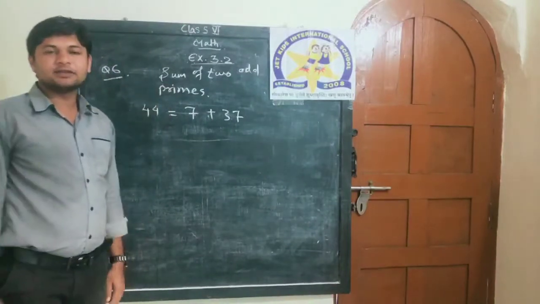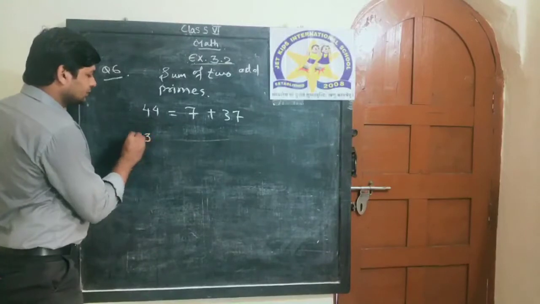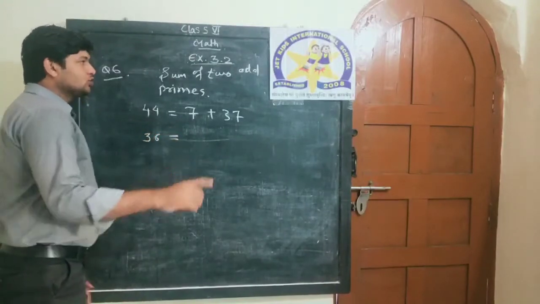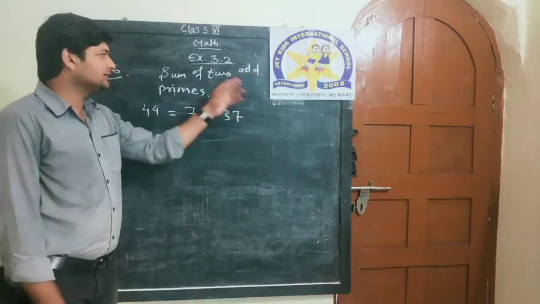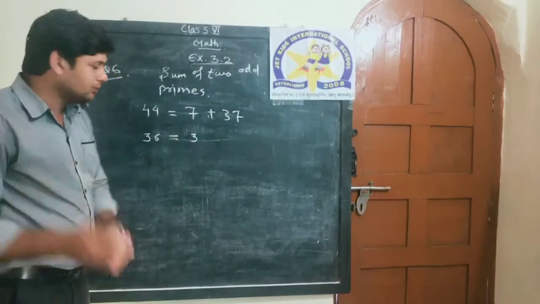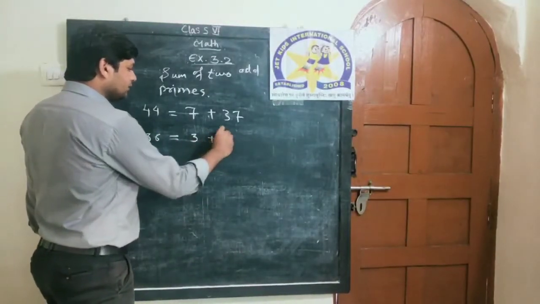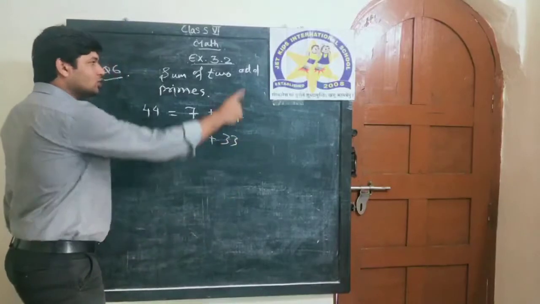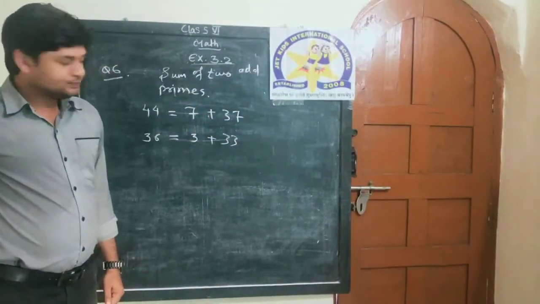Next given thing is 36. As you know, we need odd prime numbers, so we cannot take 2. 2 is a prime number, but it is not odd. But we are taking 3. We are taking from small prime numbers to make pairs. If we take 3, then we have to add 33. 3 is an odd number and prime, but 33 is not prime. It is divisible by 11, right?